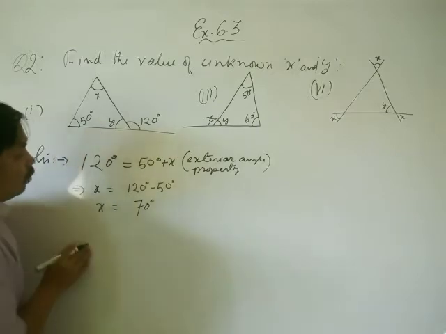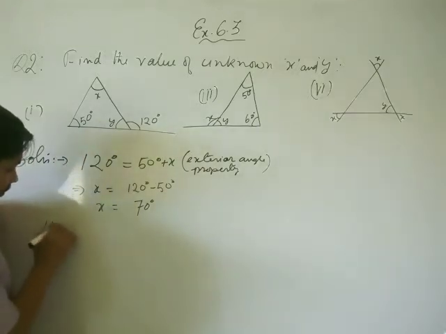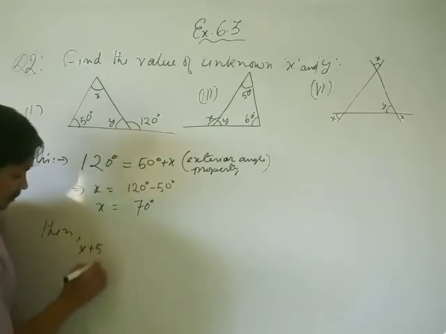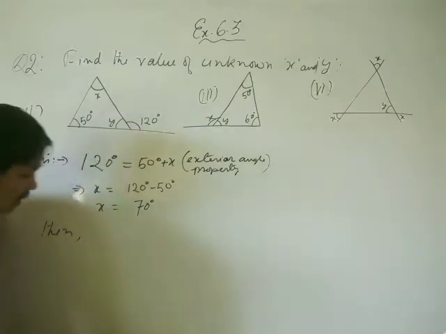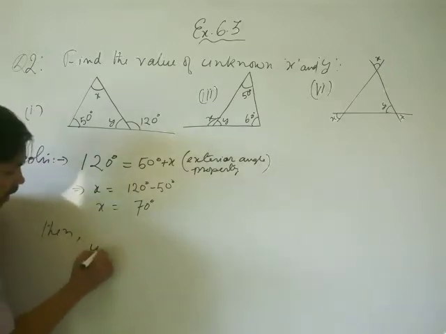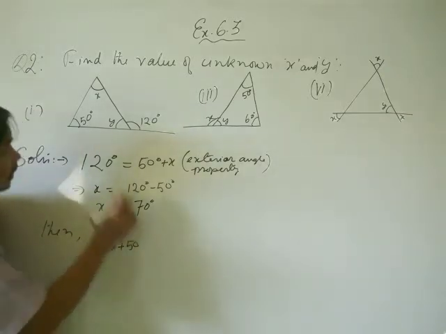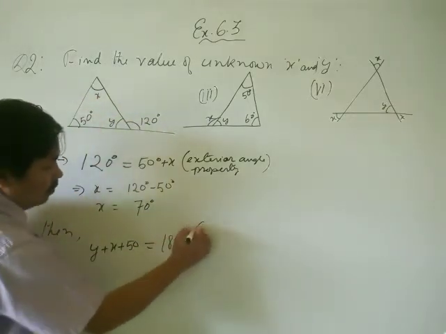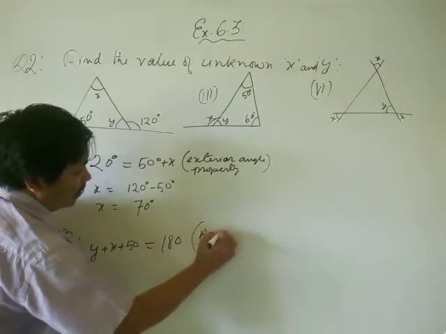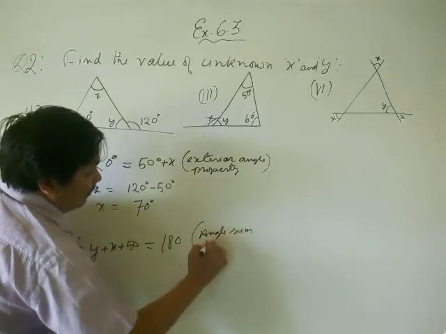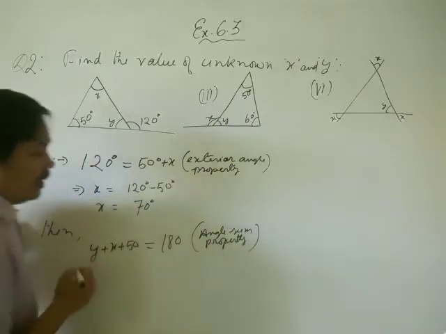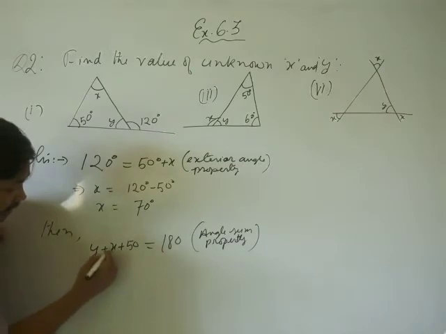Now we are going to find out the y. Then we have to see angle y plus x plus 50 equal to 180 degrees. Who said that? Angle sum property. Then we got here x will be how much?